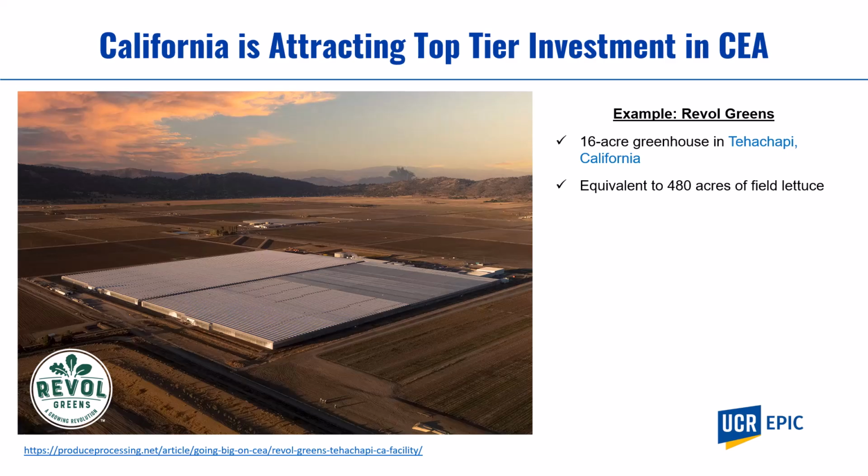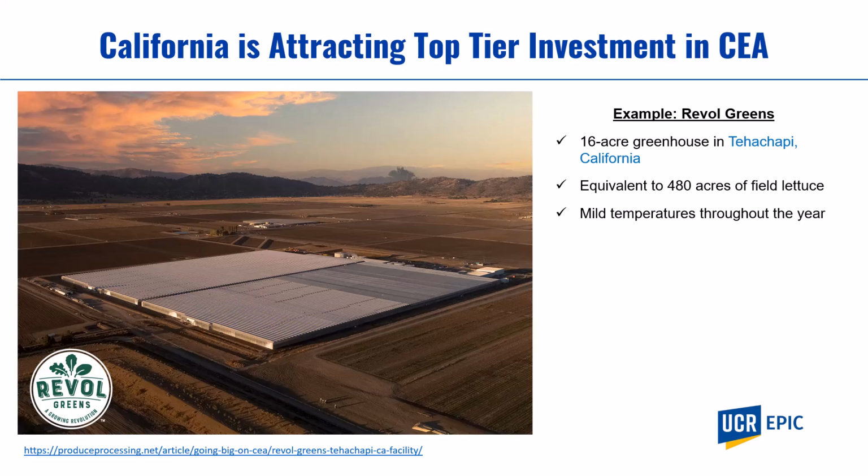The reason is they can probably get 9 to 10 generations a year of head lettuce out of this facility, or even higher if it's spring mix that has a lower cycle time from seed to harvest. So you can see how the numbers get up quite high. You go from 16 acres to 480 acres. Now, this Tehachapi location is really interesting if you look at the climate.